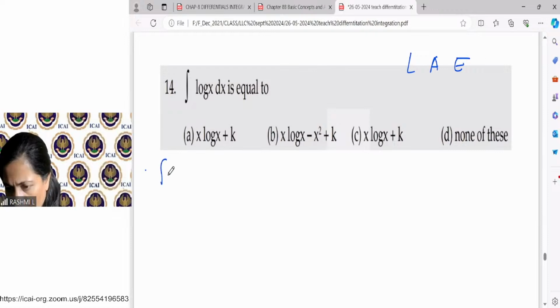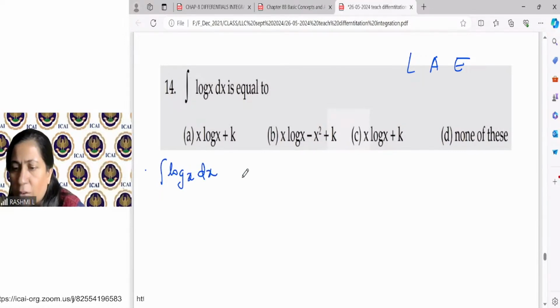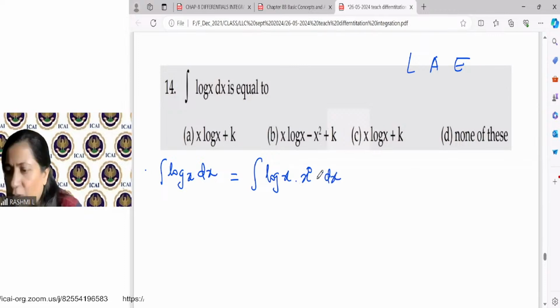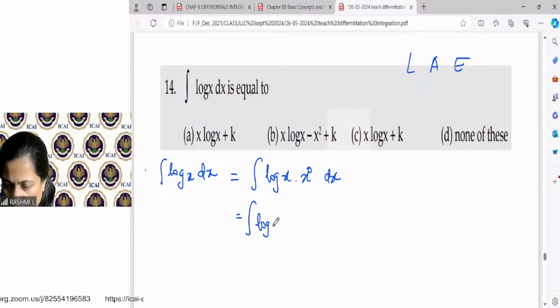Now this is the integral of log x dx. In this case, you will write this as the integral of log x into x raised to 0 dx. LAE: log is coming first and then algebraic, and there is no exponential here. So this is log x and x raised to 0 is 1 dx.